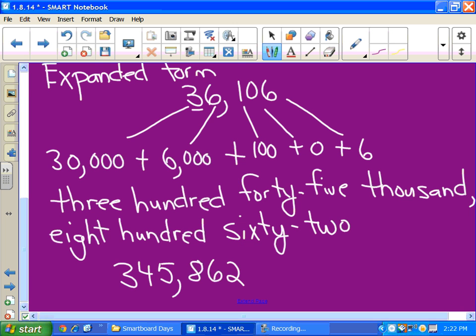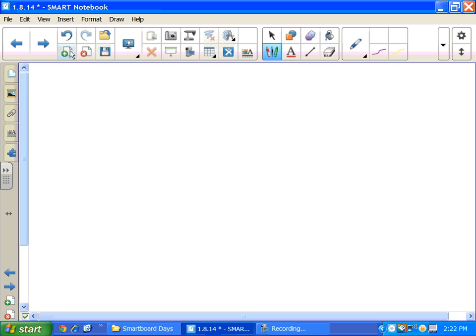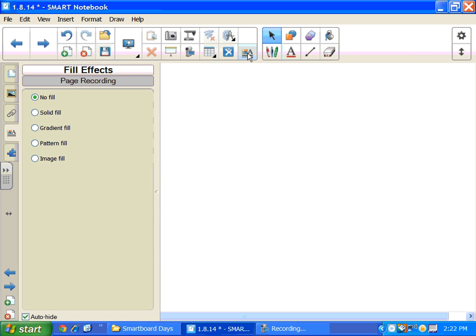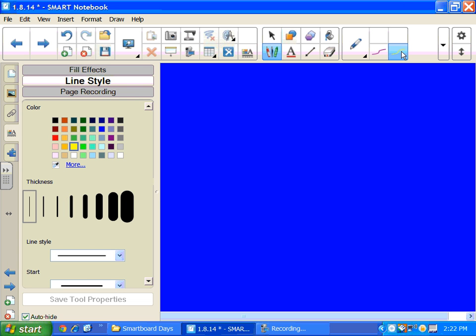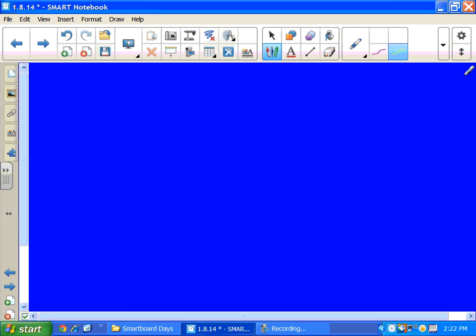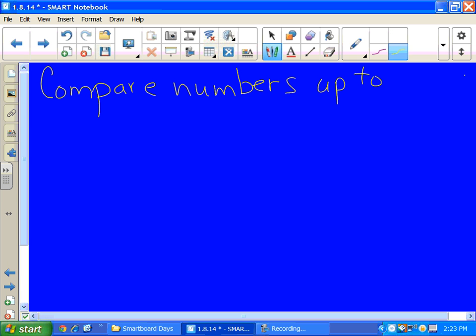All right, the next thing that you'll need to be able to do is compare numbers. So we are going to compare numbers up to 1,000,000, and using the correct symbols.